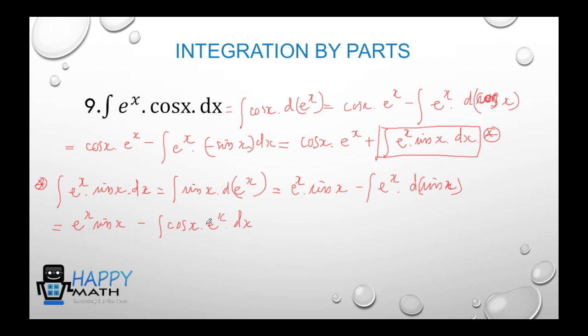So do you recognize that this integration is exactly equal to this integration?